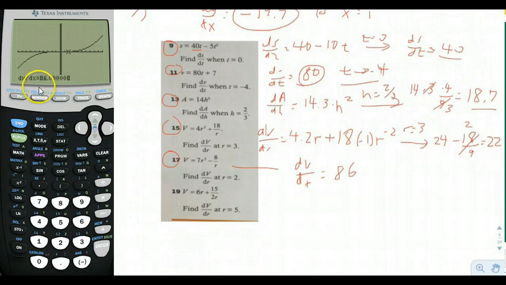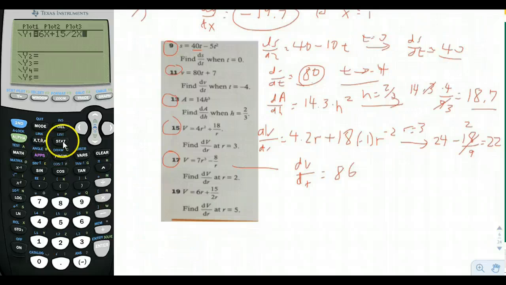Okay, and we'll do the last one also using the calculator. So we'll do y equals, clear it out. We'll put 6r, actually it looks like x there, right? Plus 15 divided by 2x. And we'll graph it.